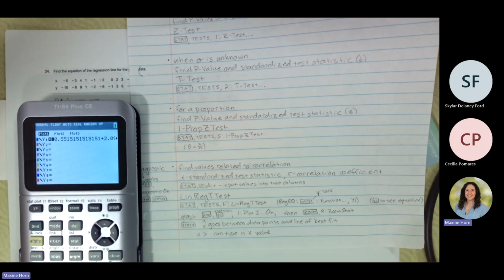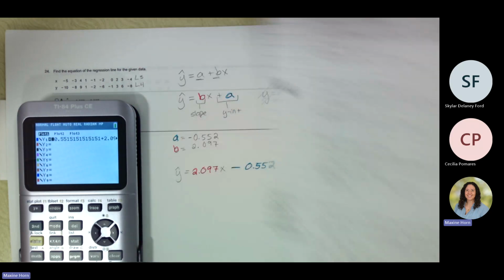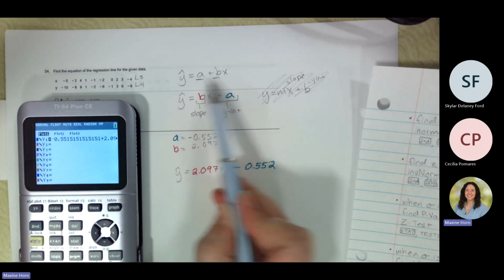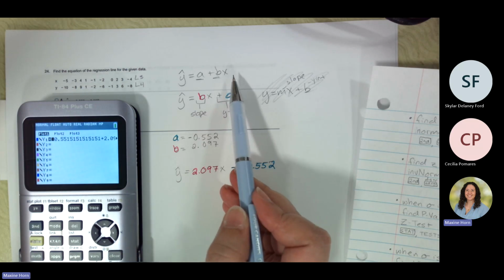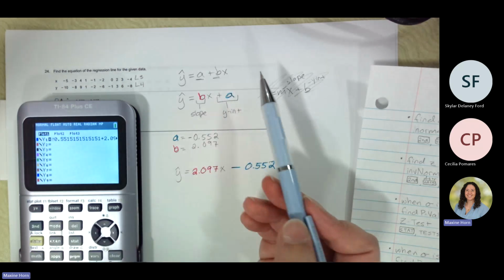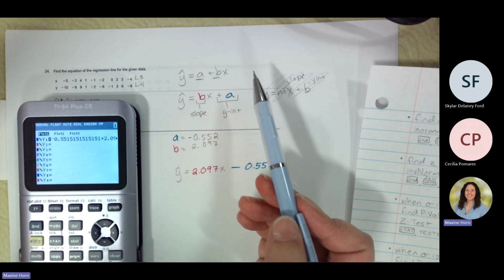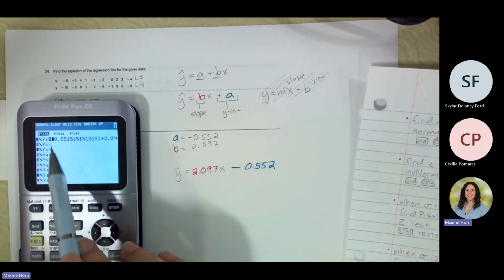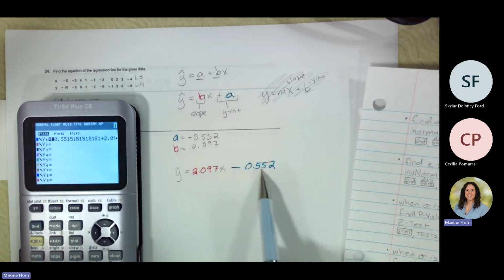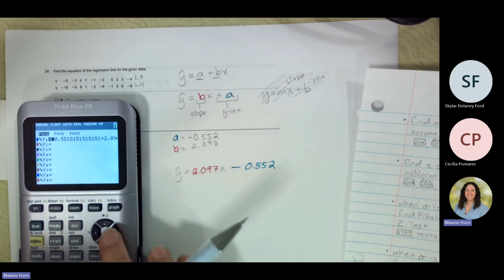And there it is. It looks kind of messy because of two reasons. One, it's in that other format, right? It's in this a plus bx, and it is not rounded, right? It's giving me as many decimal points as it can display. So remember the a value, which is what it's giving me here to start out with, is 0.552, right?